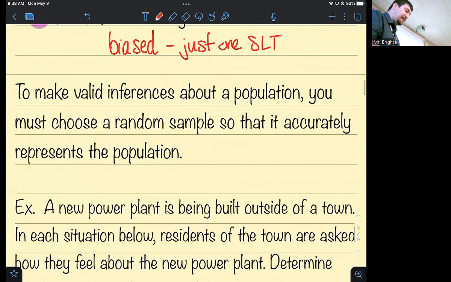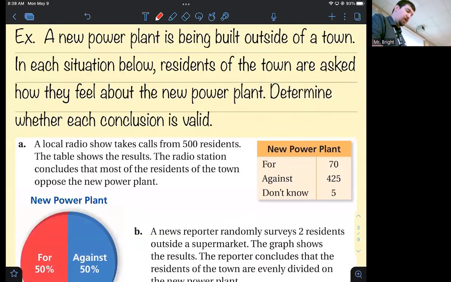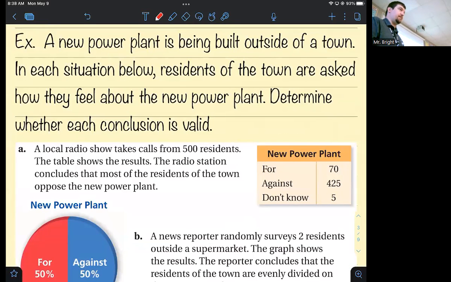All right, to make valid inferences about a population, you must choose a random sample so that it accurately represents the population. So what we're going to do now, I'll read off the results of a survey. All of the data from the results is accurate. I'm not asking you if it's not accurate.